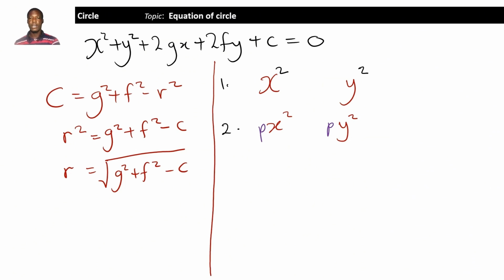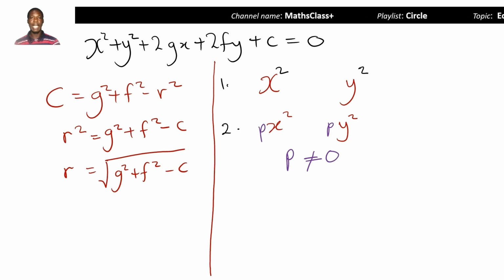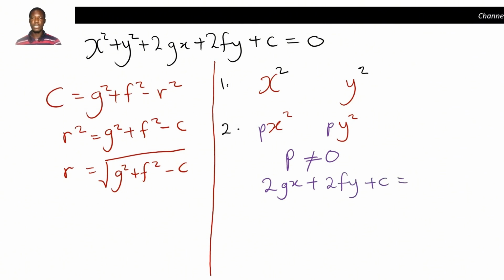And the coefficients of x squared and y squared cannot both be 0. So p here cannot be 0. If it becomes 0, then we will lose the x squared and the y squared values. And the remaining equation will be 2gx plus 2fy plus c is equal to 0.